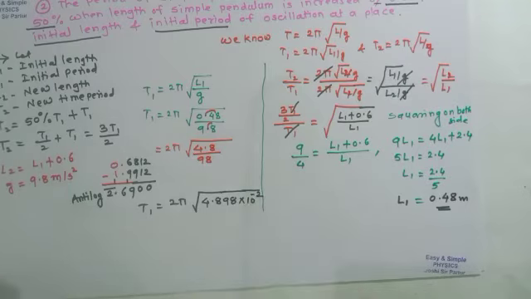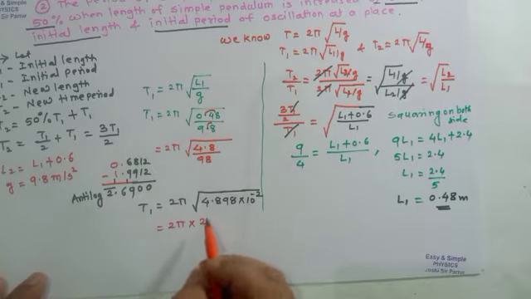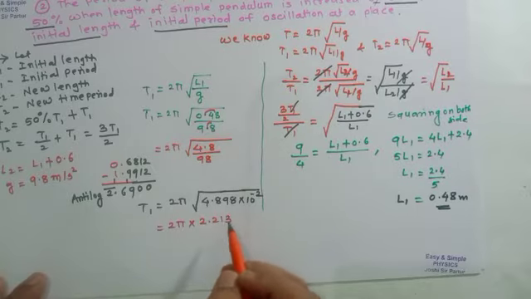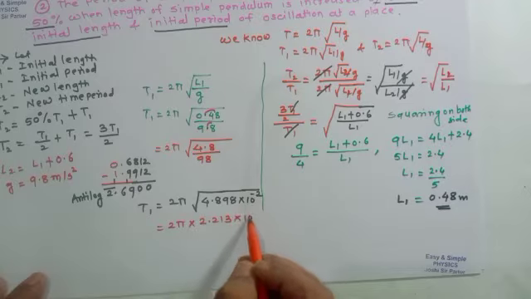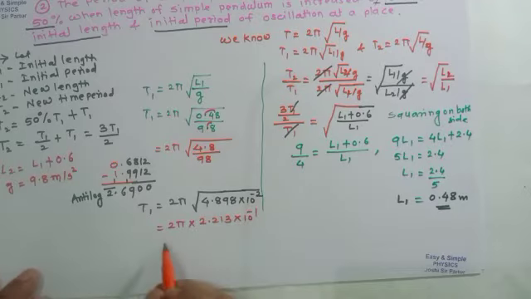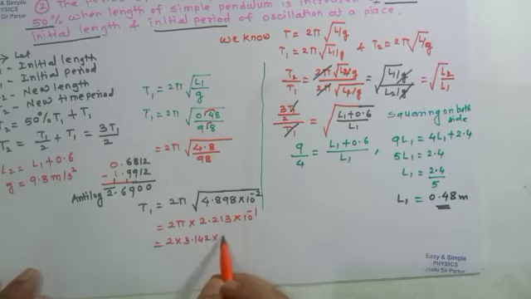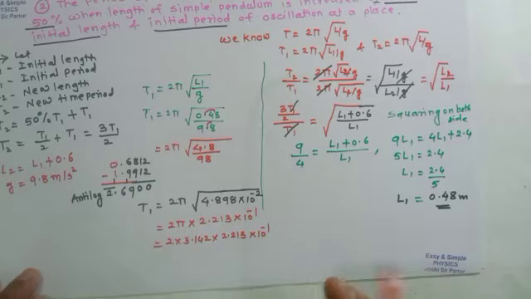So if we take the square root, it will be 2 pi multiplied by 2.213 into 10 to the power minus 1. If we substitute the value, 3.142 into 2.213 into 10 raised to minus 1.